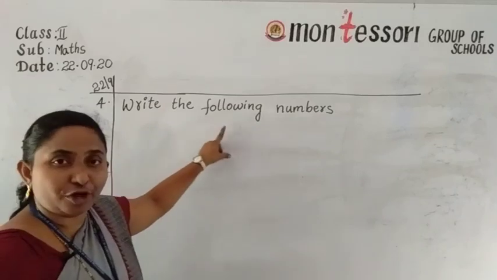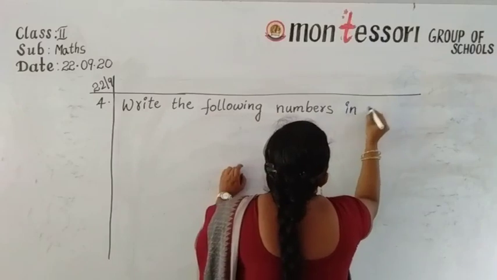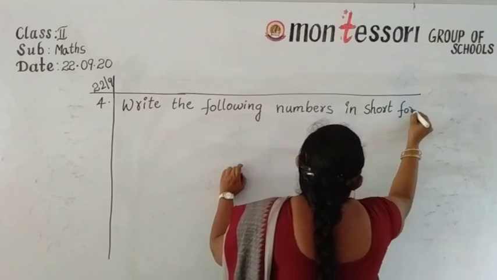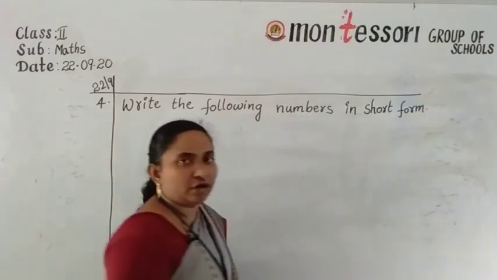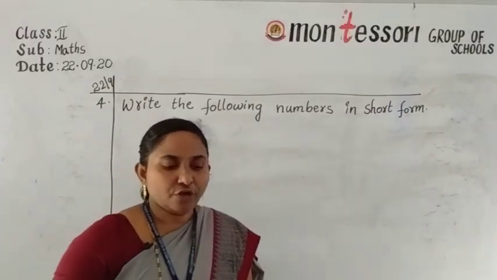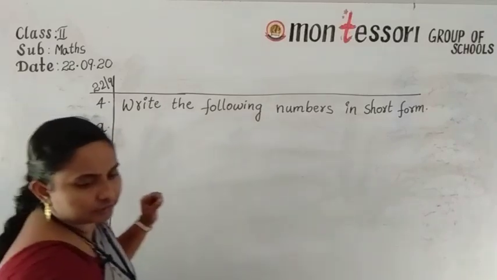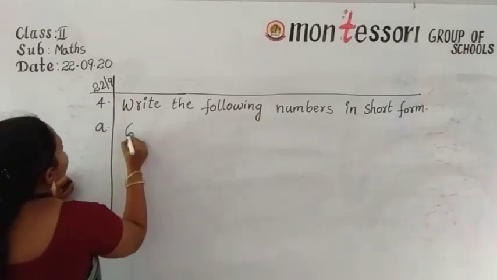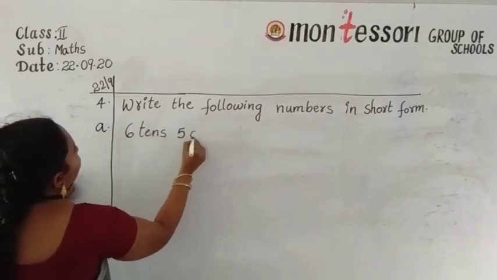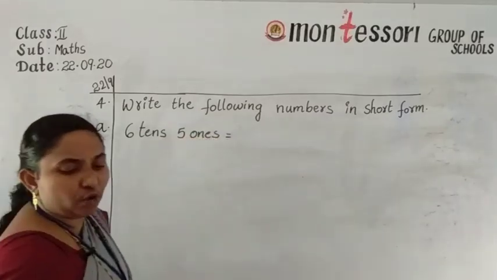Write the following numbers in short form. Today our topic is short form. So now the given number is like this: 6 tens, 5 ones.